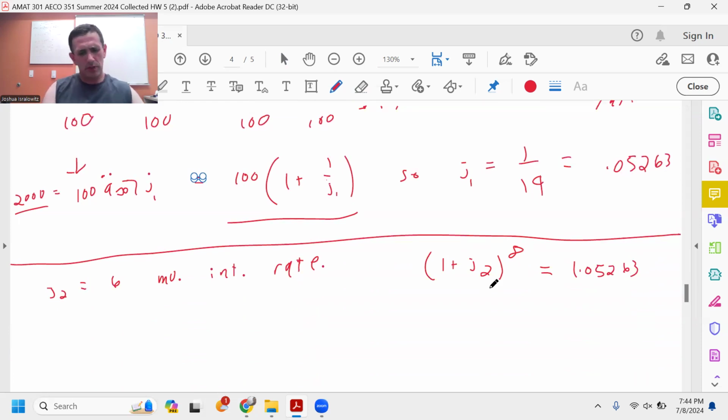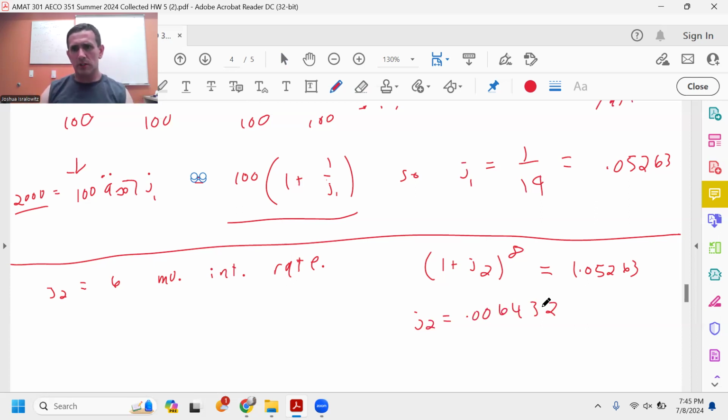Let me double check this. You get a really small interest rate, that's fine. J2 is 0.006432. So growing by 0.643% every 6 months is the same thing as growing by 5.3% roughly every 4 years.